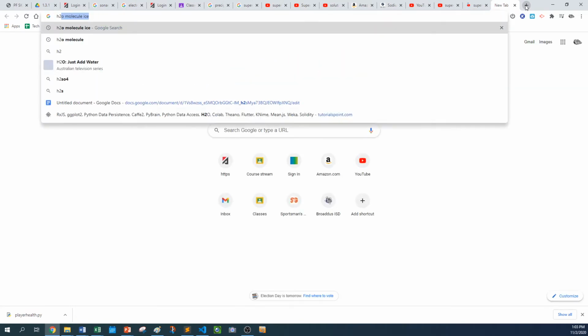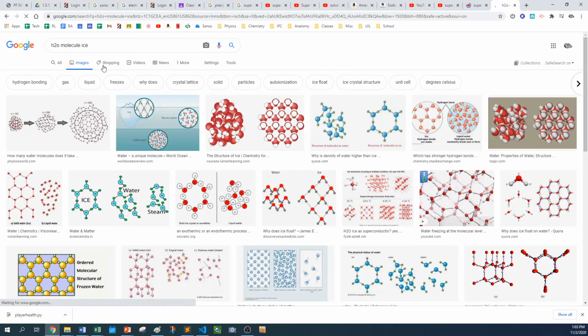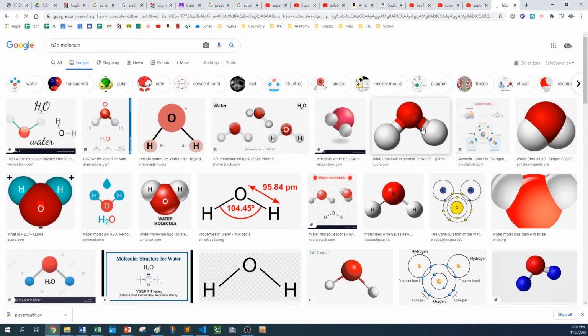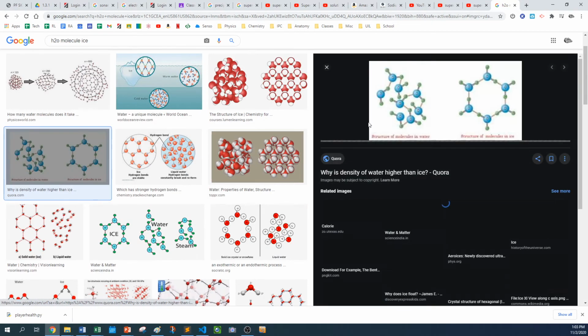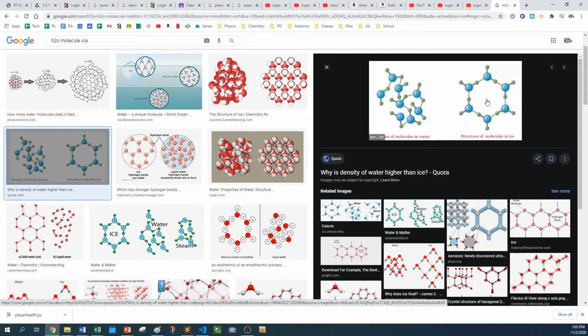Let's look at the H2O molecule. So a water molecule looks like this. Whenever it becomes a solid, it has to turn into this nice crystal structure. If it were to bond like this and become a solid like this, it's not that stable, meaning that these bonds will break and the molecules will be able to slide past each other.